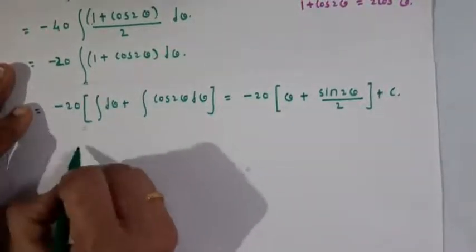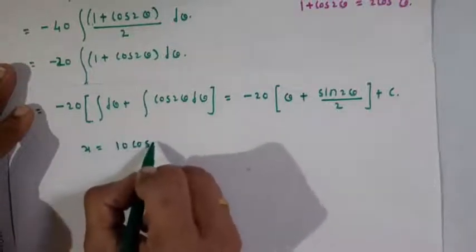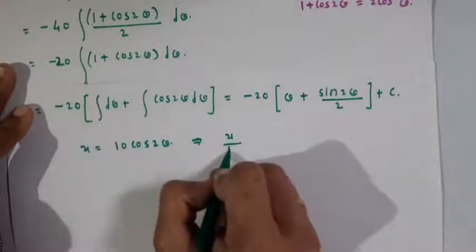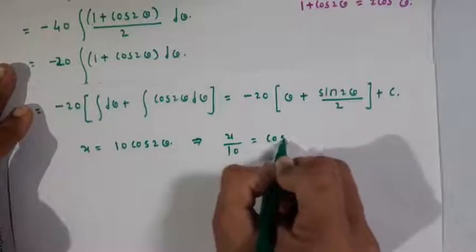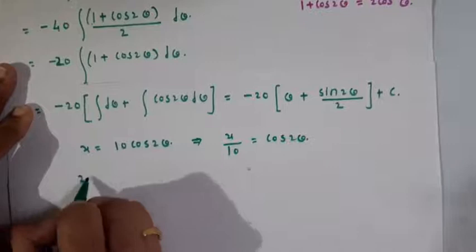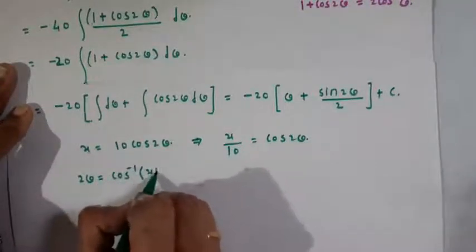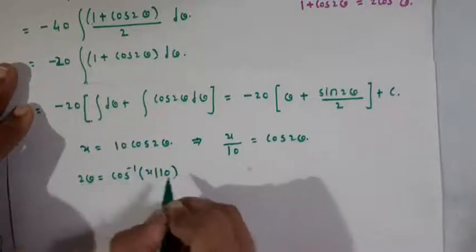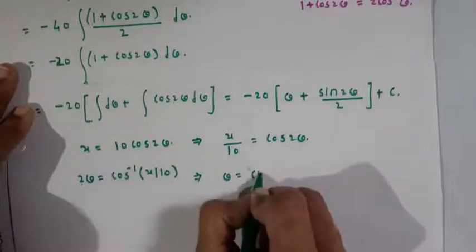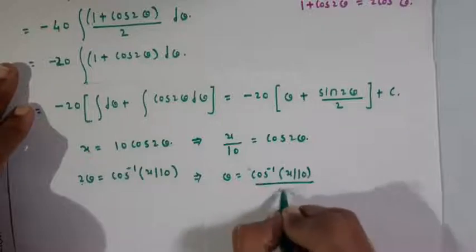As we have put x equal to 10 cos of 2 theta, this implies x upon 10 equals cos of 2 theta. This implies 2 theta equals cos inverse of x upon 10. Again shifting this 2 to that side, we get theta equal to cos inverse of x upon 10 divided by 2.